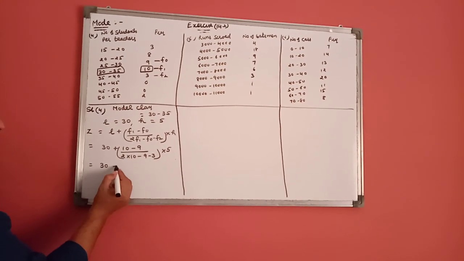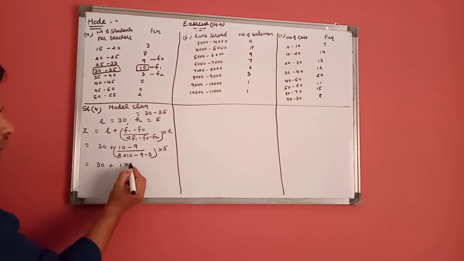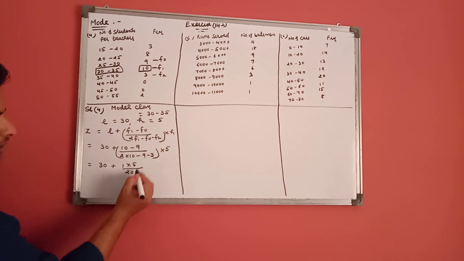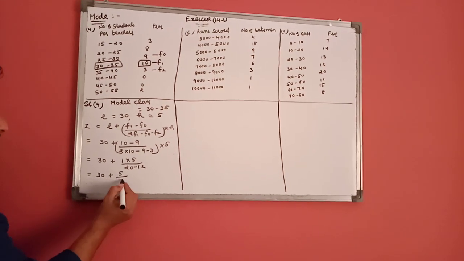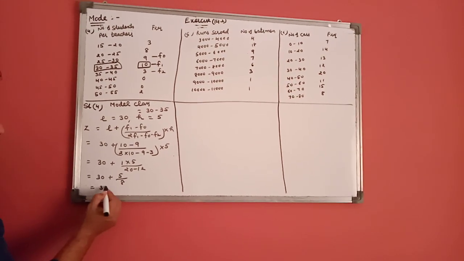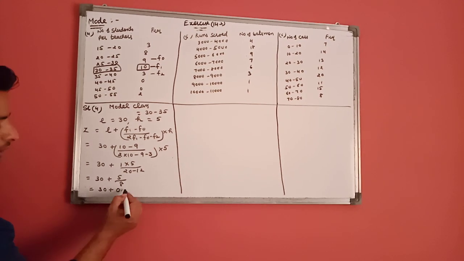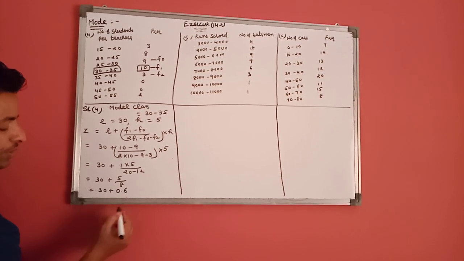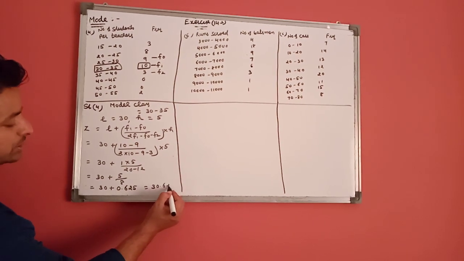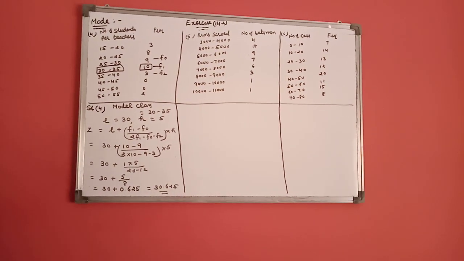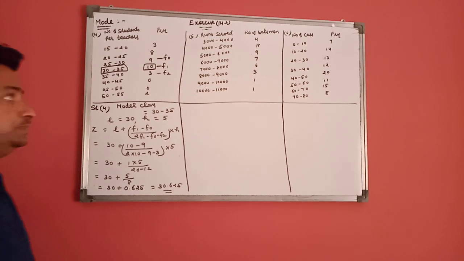So this is 30 plus 5 upon 8, this means 0.625. This means 30.625 is the mode of this question.